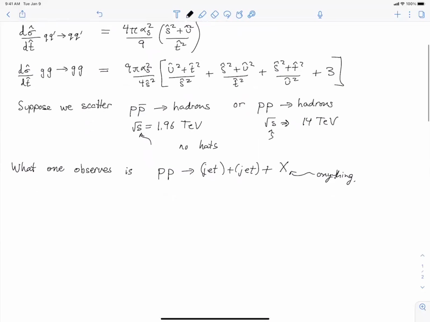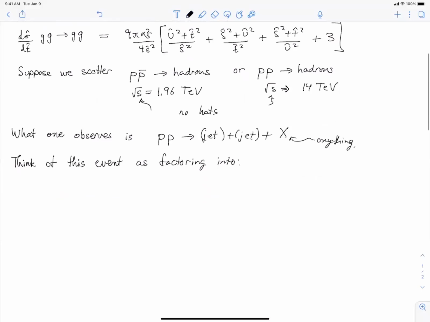So what we do is we think of this as factoring. People have done a lot of arguing about how good this assumption of factoring is. We think of the event as factoring into two parts.